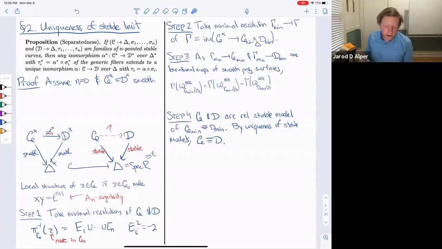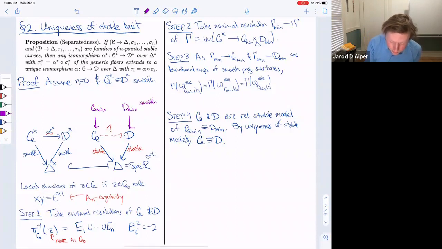And so the first thing we're going to do is just resolve these singularities. So we take the minimal resolutions: C min mapping to C and D min mapping to D. Now that these are smooth, in order to compare them, we want to dominate them by another smooth surface.